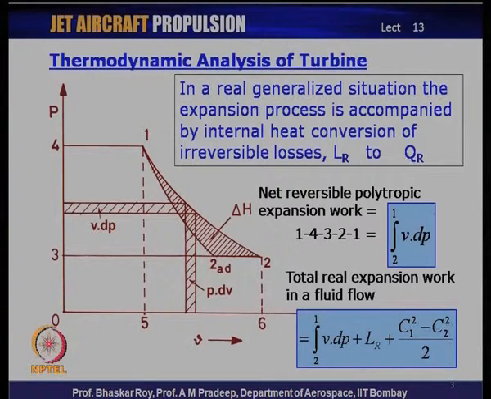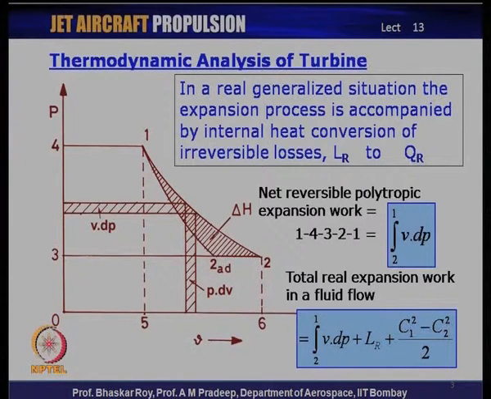The difference between these two is this extra work, delta H, that would be required to be spent in extracting the work, which means that when the work is extracted, so much less work would be available for any other kind of work or functioning. If you are going from station 1 to station 2, this is the extra work that will have to be spent in extraction of the work.